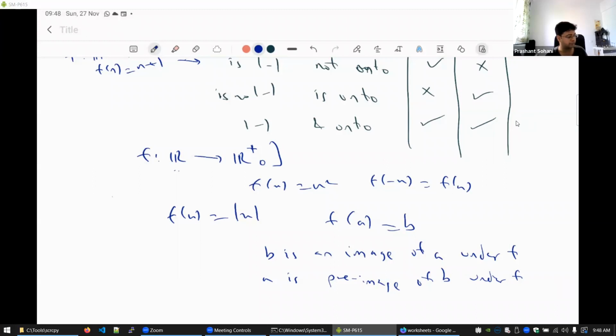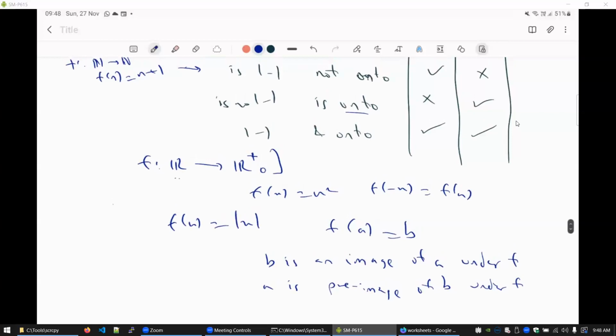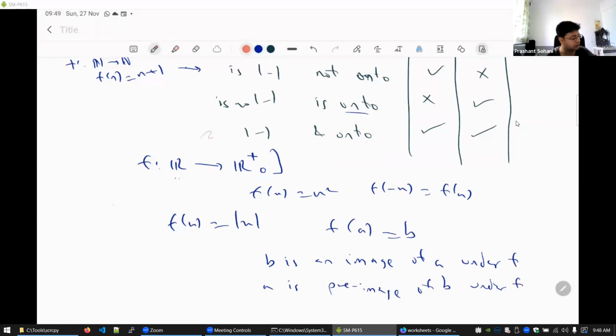Onto means basically every element has to have at least one pre-image. In this function f of x is equal to mod x, the domain can be integers and the codomain can be non-negative integers also. Even that is possible. So instead of reals and non-negative reals, you can take integers and non-negative integers.